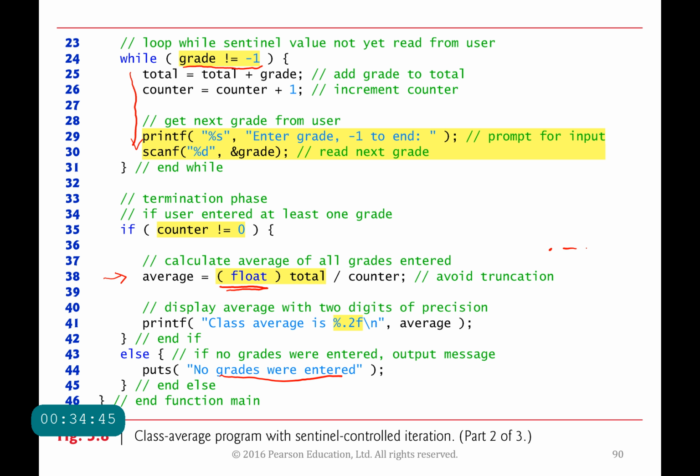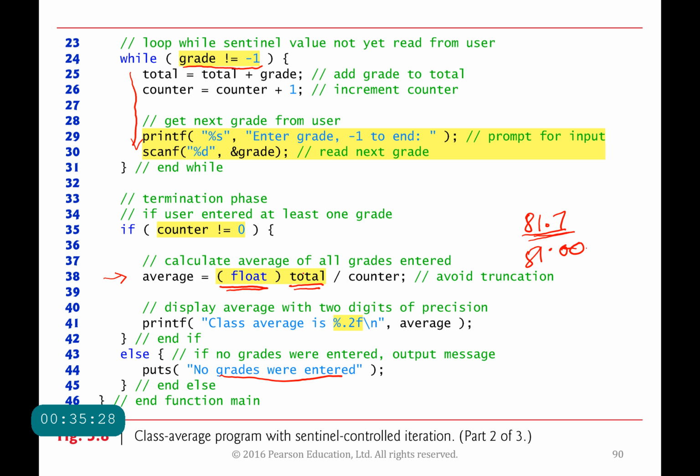And even though this is a float, if this was 81.7, it will show up as 81.00 something. So in order to correctly observe the floating point value, you need to convert this integer variable into a floating point variable, and you can do that by putting the parentheses and float before the name of the variable.